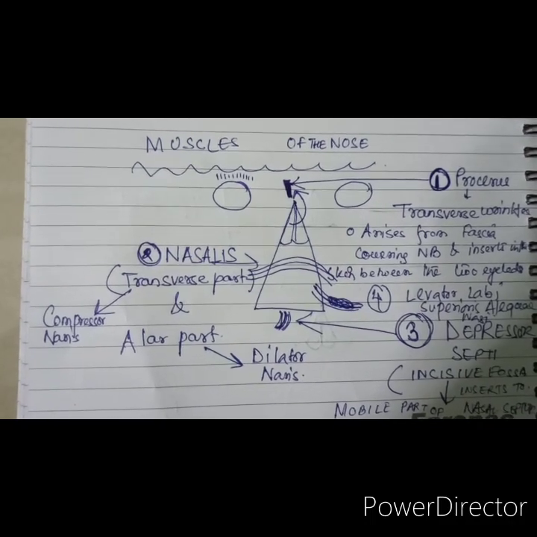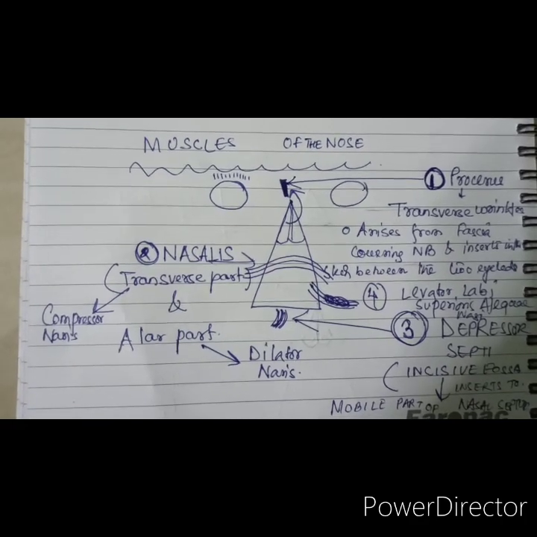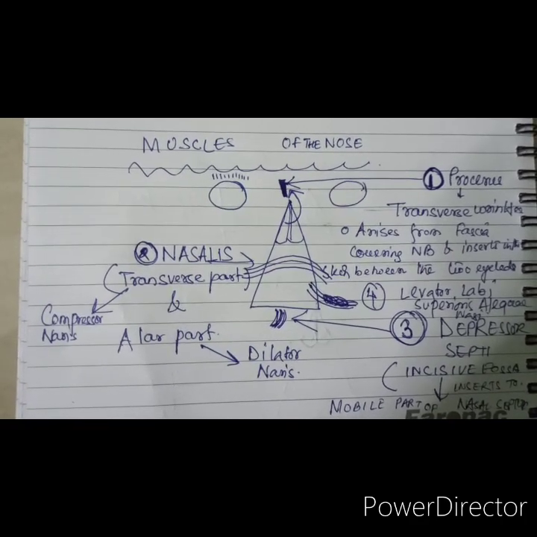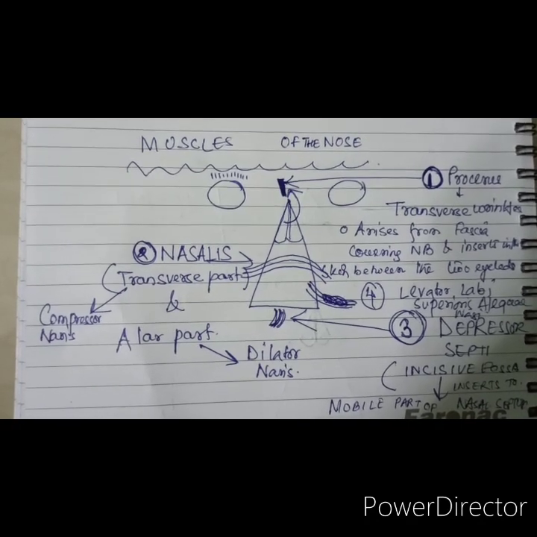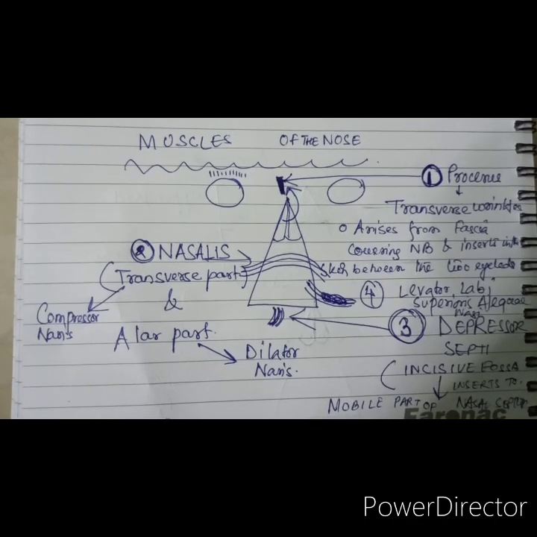Number 4 is the levator labii superioris alaeque nasi. This is one of the muscles with the longest names. So how would you know what it does or what are its origin and insertion?